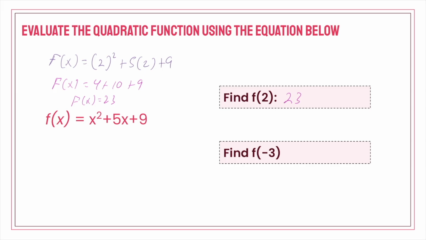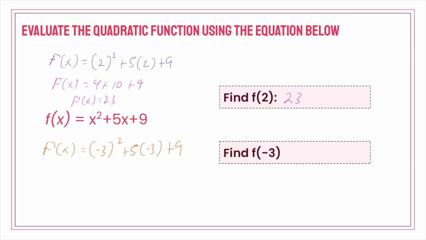Fabulous. The other one that we've got there says, all right, f of negative 3. So again, we're going to substitute that in for our input because we've got it inside the parentheses. So again, I've got f of x, and we're going to substitute in. So in this case, we've got negative 3 squared plus 5 times negative 3 plus 9. Now we have to be very careful here when following order of operations and making sure that we use our parentheses. If we don't, our Desmos calculator is only as good as the person inputting the data.